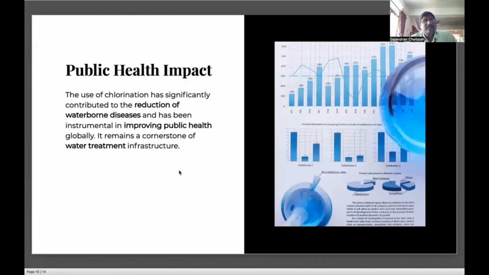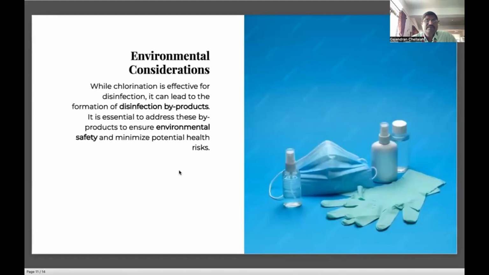Public health impact. The use of chlorination has significantly contributed to the reduction of waterborne diseases and has been instrumental in improving public health globally. It remains a cornerstone of water treatment infrastructure because this is the end process before the water goes to the consumer's hand. The environmental consideration: while chlorination is effective for disinfecting, it can lead to the formation of disinfection byproducts.